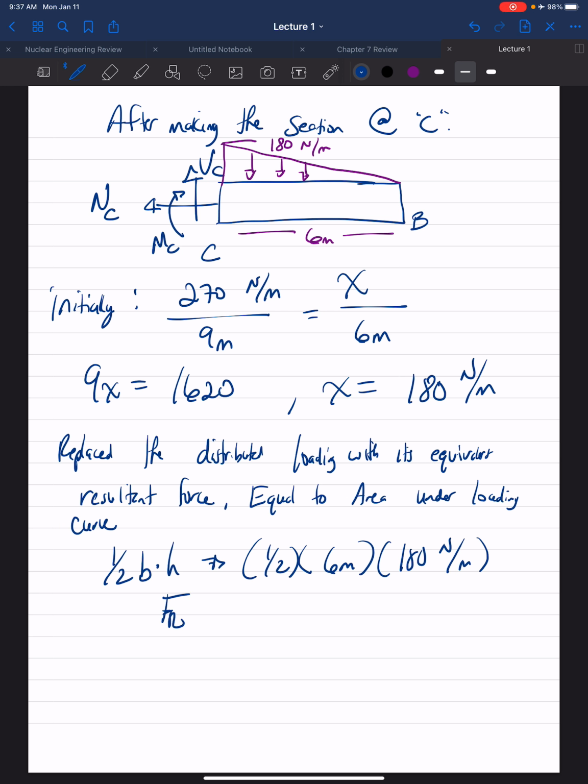So my equivalent resultant force is 540 newtons. Remember, this acts at the centroid. So if this length is 6 meters, this resultant force is 2 meters from the point C where it acts.